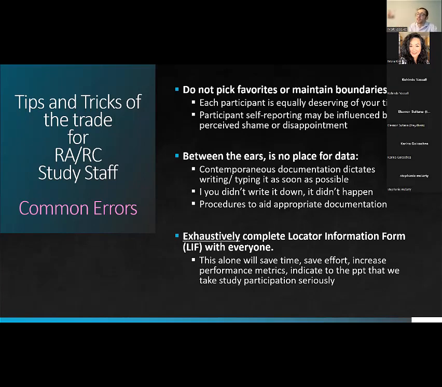So completing the locator information form as thoroughly and exhaustively as possible will save hours and days worth of work in the long run. The better you spend those 20, 30 minutes on this locator form, the better your chances are of retaining the participant over time. So those are our main tips.